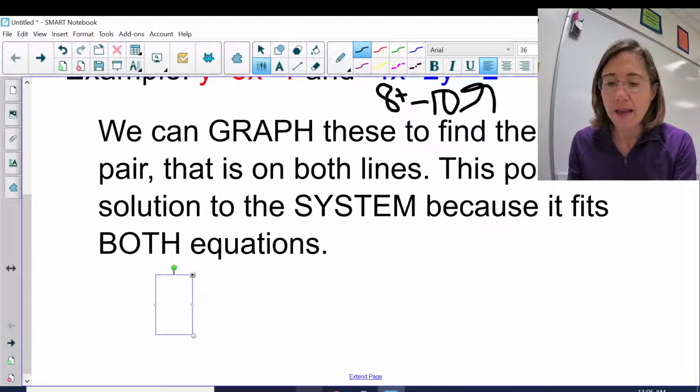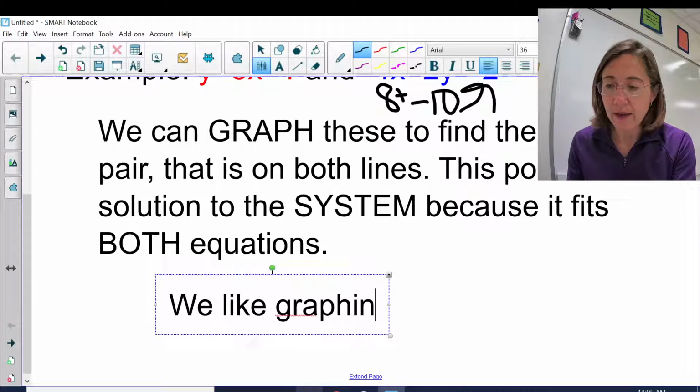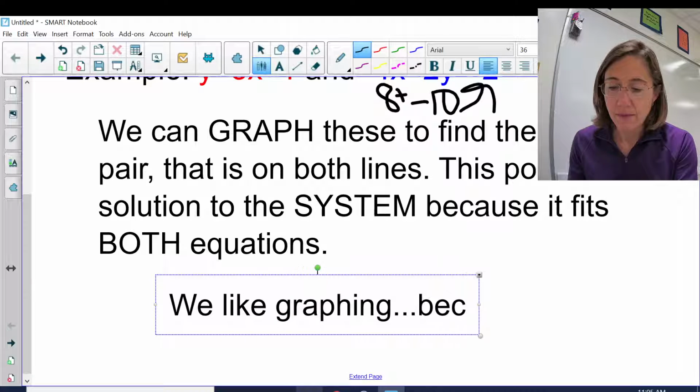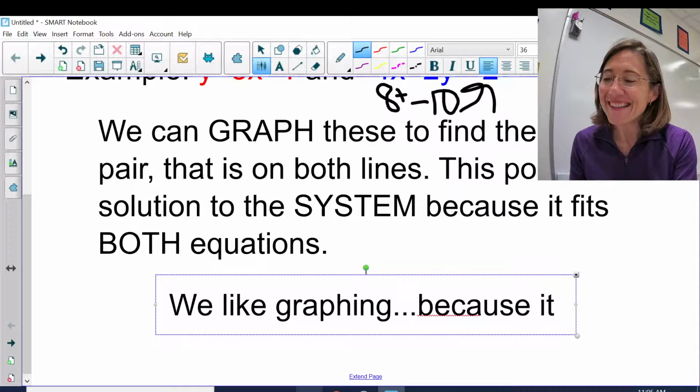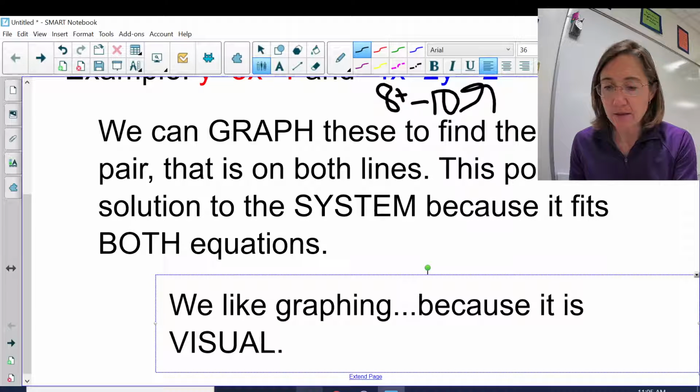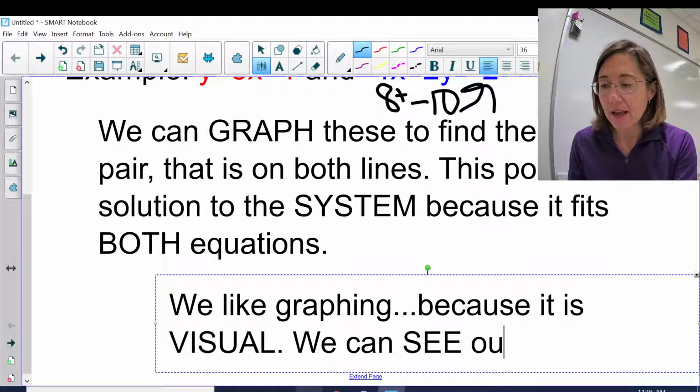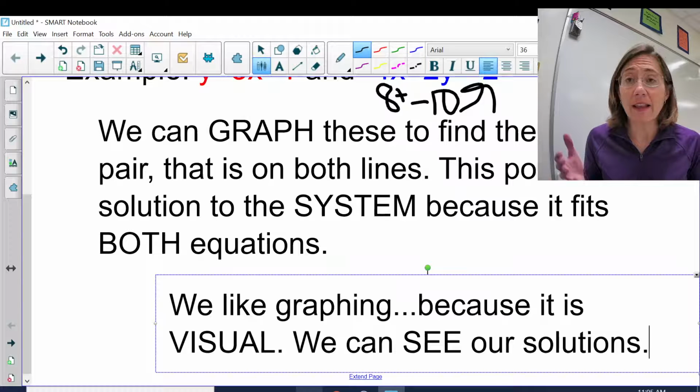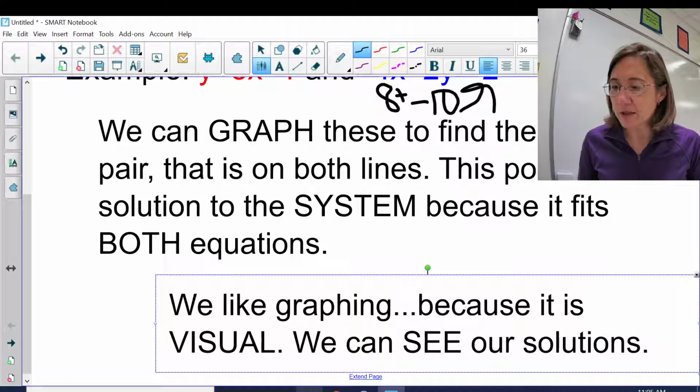We like graphing because it is visual. We can see our solutions. So that's really a benefit of it. Like, you can point to it, like, there it is. We can see our solutions.